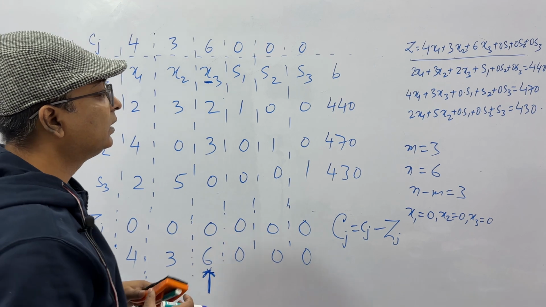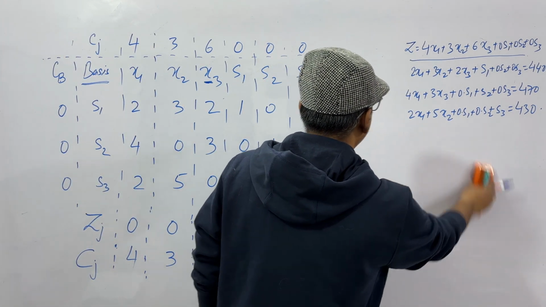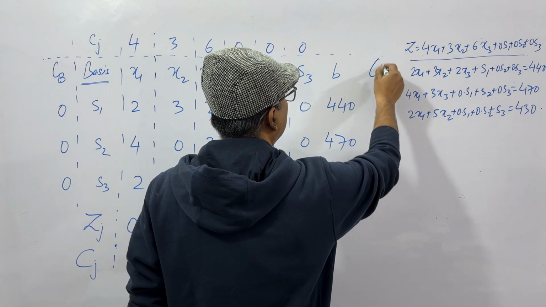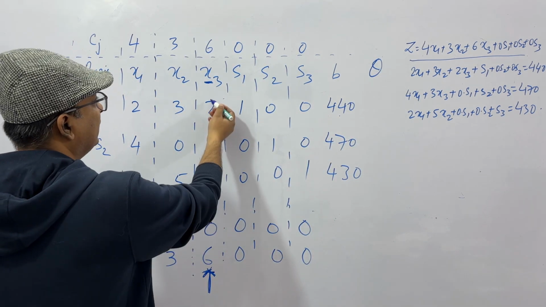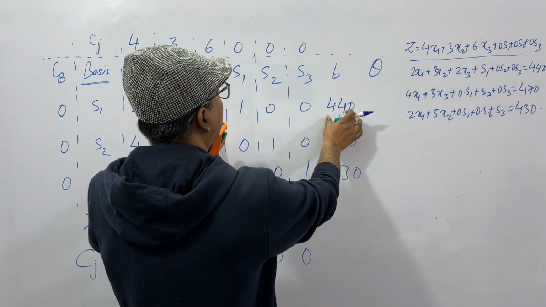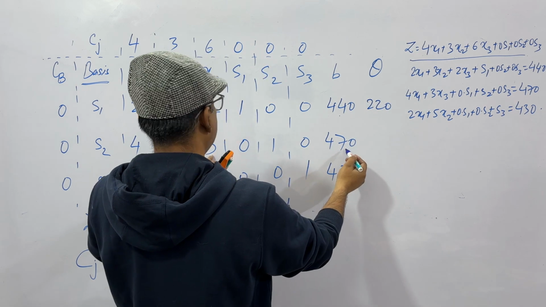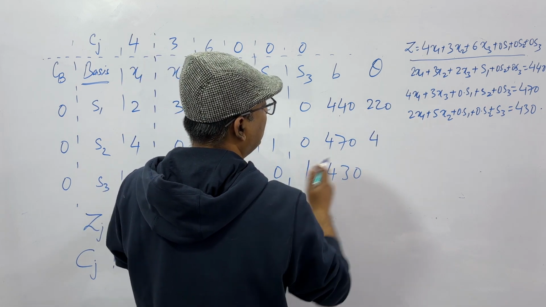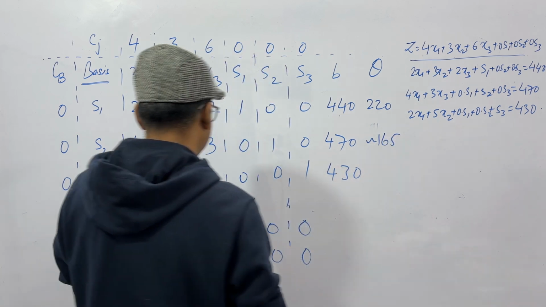And how to determine which is the outgoing variable? For that we take theta, and theta is, I told you, b by the element in this key column. So theta here will be 440 by 2, that is 220. This will be 470 by 3, roughly 165 something.